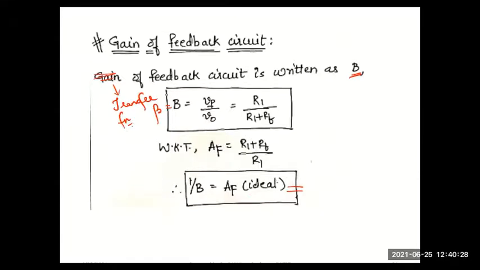Most of the feedback amplifiers will follow this rule. This is true for most of the feedback amplifiers. Please remember this: the gain with feedback will always be approximately equal to 1 by the feedback factor.